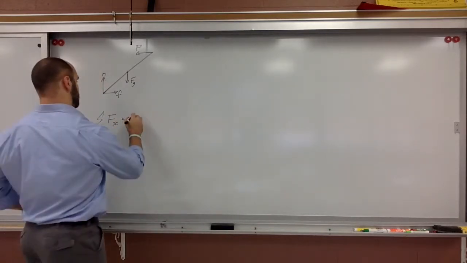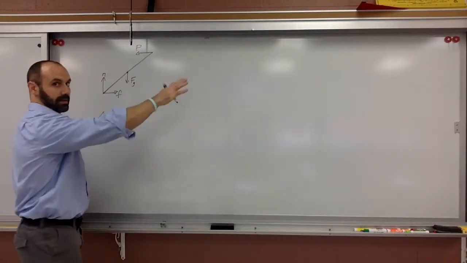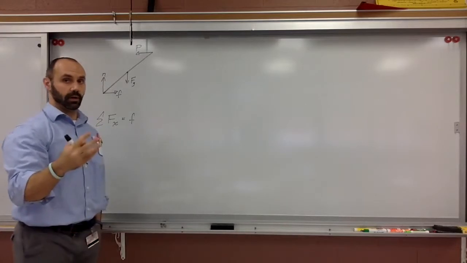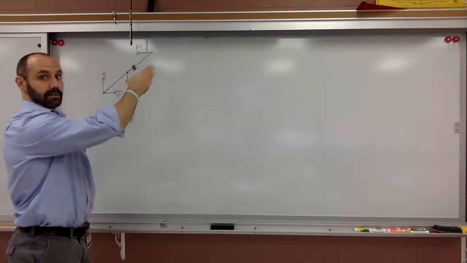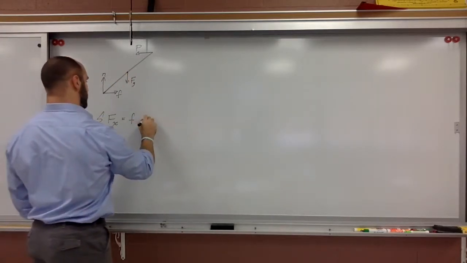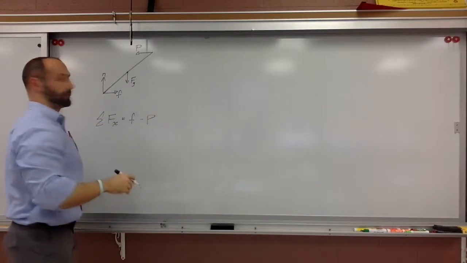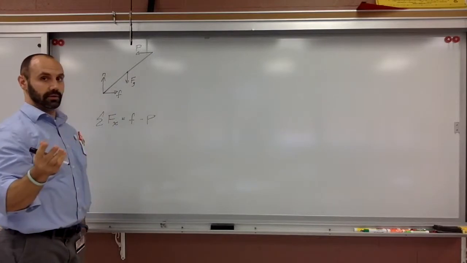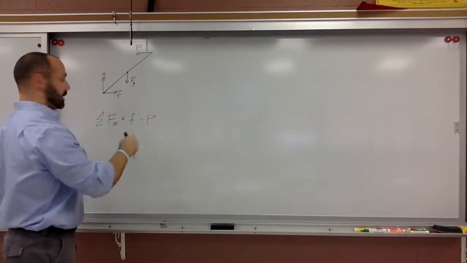There's only the friction, and we'll make right positive, so F is positive. The other force is the force of the wall, which they've labeled P, pushing that way, so minus P. That's it. The normal force and the force due to gravity are the only other forces, and those are vertical.